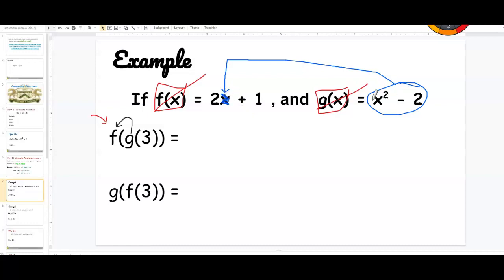It's gone. You're going to replace x by this big guy. So the equation becomes what? It becomes 2, copy it down. And when you see x, erase it and put the replacement in, which is x squared minus 2.